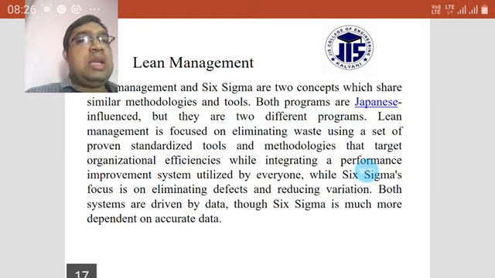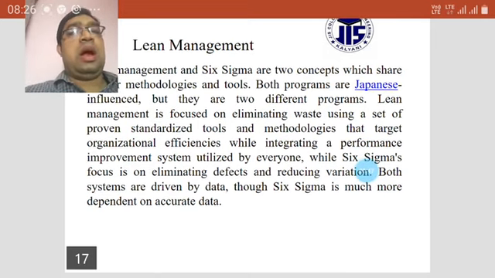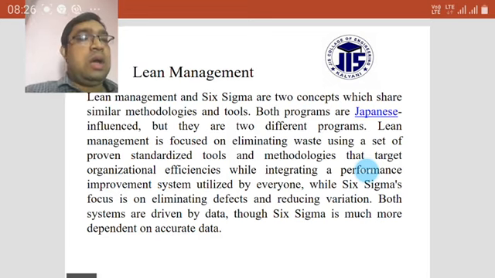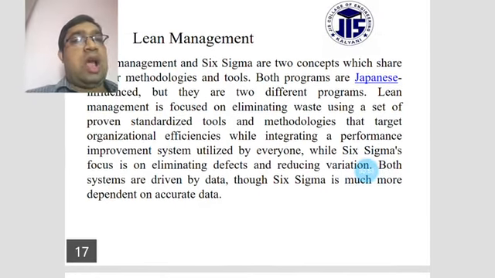While Six Sigma is focused on eliminating defects and reducing variance. Both systems are driven by data, though Six Sigma is much more dependent on accurate data.